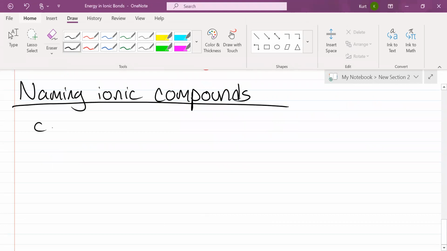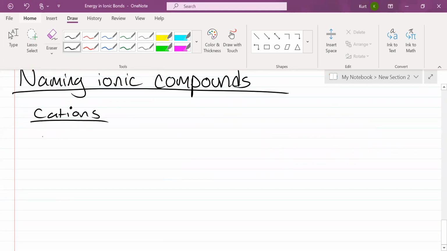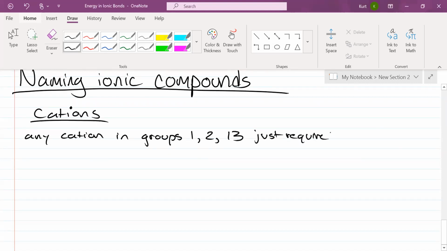Okay, let's talk about how you name the cations. You ready? Any cation in groups 1, 2, and 13 just requires the element's name. That's it. You don't have to do anything.